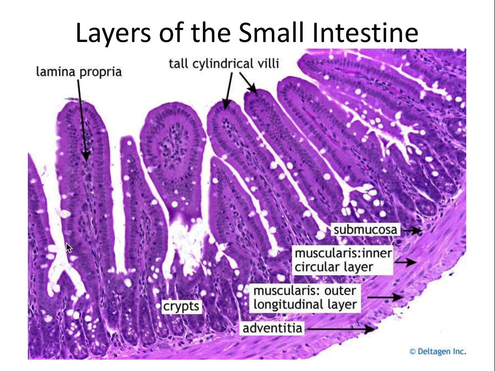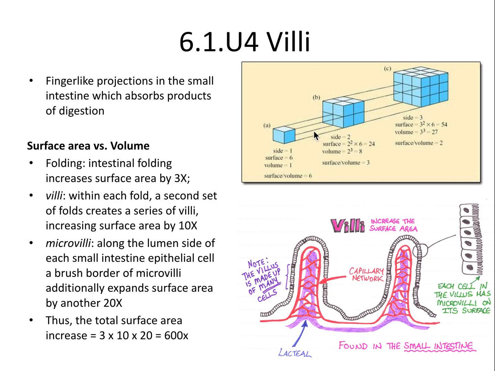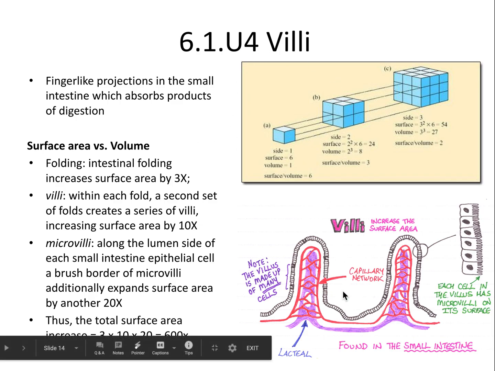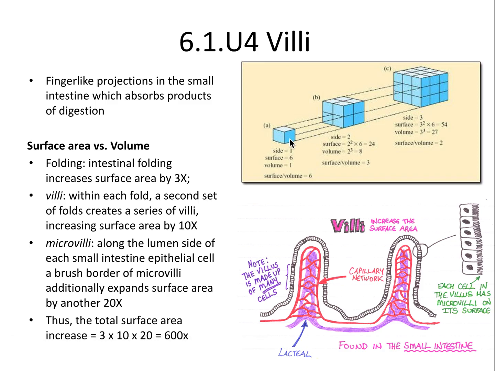So because of this structure, remember, structure determines function, this allows so much absorption to be happening in the small intestine. So just to see it a little bit differently, remember when we talked about surface area, the larger something is, the harder it is to absorb everything to the center, right?